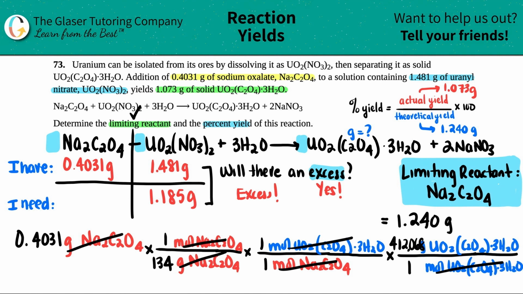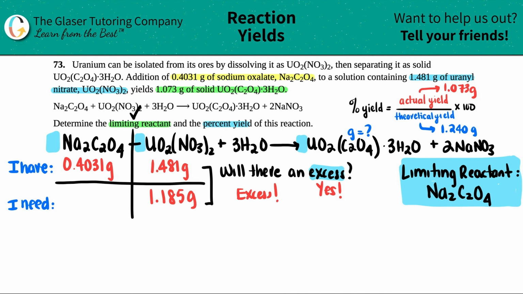But there's always going to be error, so that's why there was a little bit less, right? They actually got 1.073 out of a total of 1.240. I'm going to erase this, guys, so just pause it if you need it. But basically, we're ready to do the percent yield formula, right? So I'm just going to take these numbers, right?